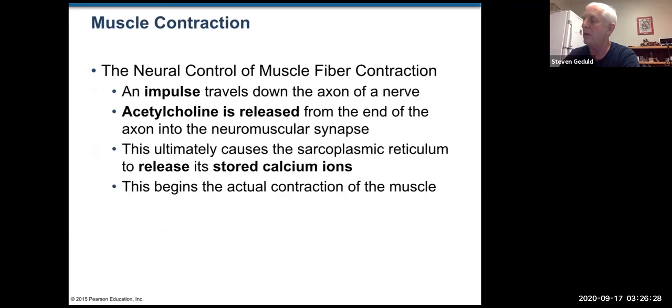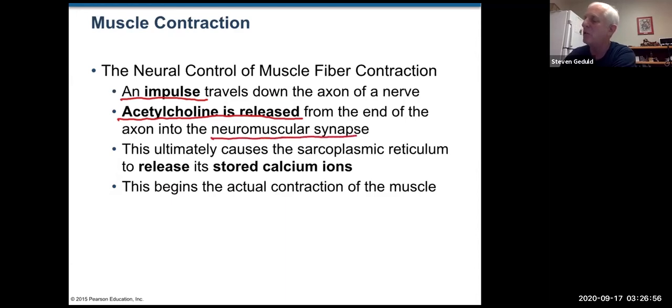Okay? So we talked about this a little bit at a synaptic junction. A neuron sends a message, your brain sends a message, an electrical impulse. This electrical impulse travels down the nerve, the axon. At the end of the axon, where it meets the muscle, acetylcholine, ACH, is released. That goes into that synapse we talked about, from the end of the axon into the neuromuscular synapse. That's where the ACH is released.